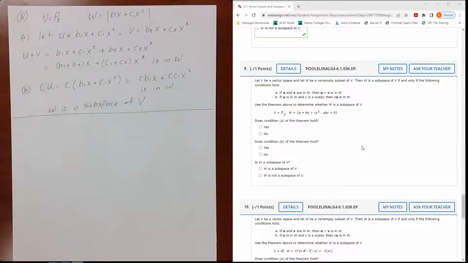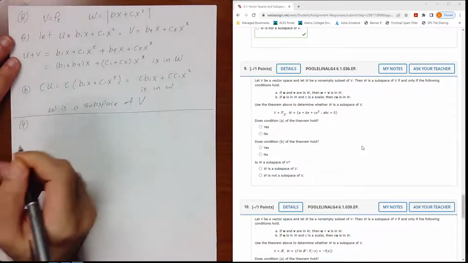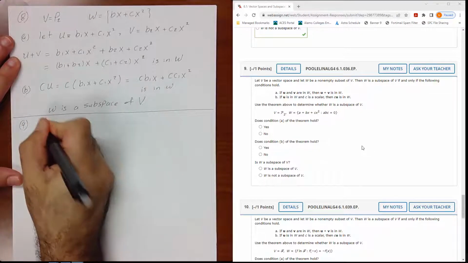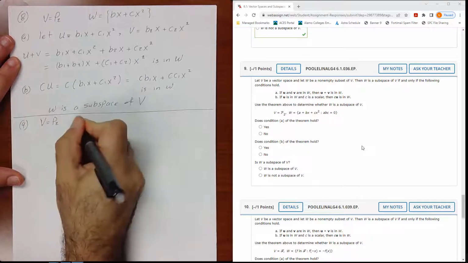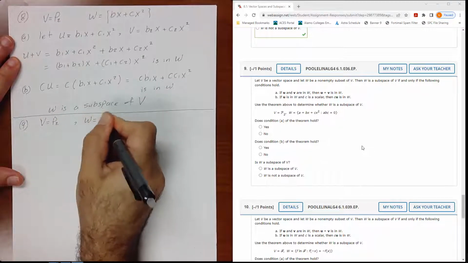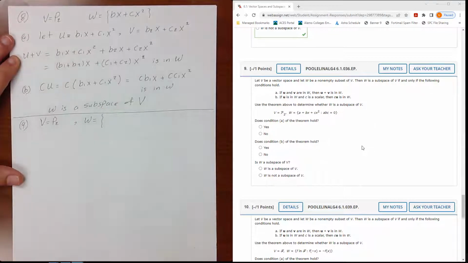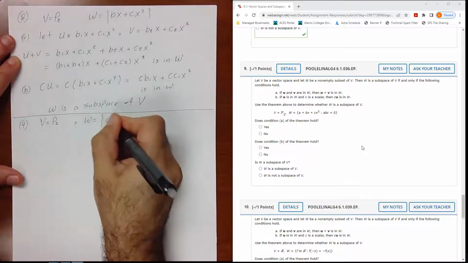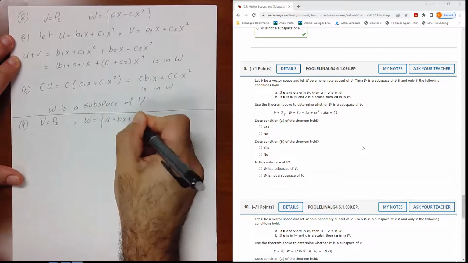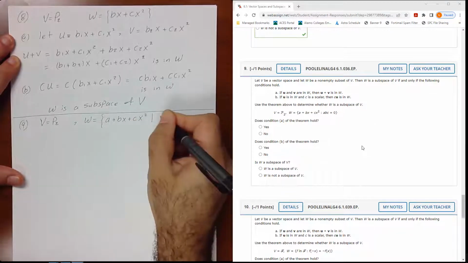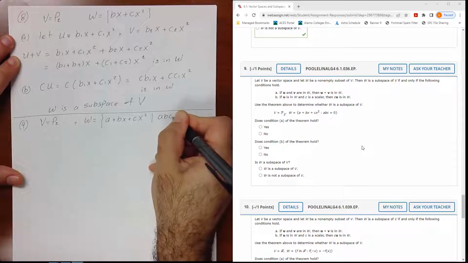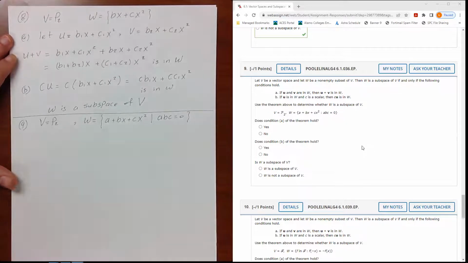So if you look at example 9, it's exactly the same thing, but we have a condition. It's like example 8, but let's check the condition we have. We have the vector space V, which is all polynomials with degree 2, and we have W equal to A plus BX plus CX squared with the condition that the product of the coefficients A, B, C is equal to 0. So let's check that.